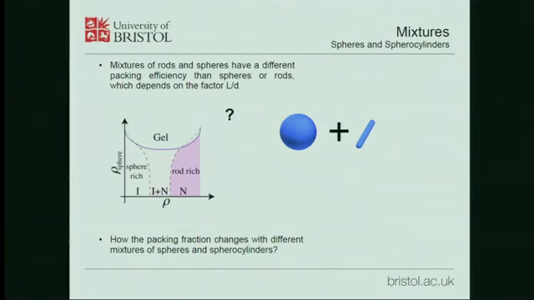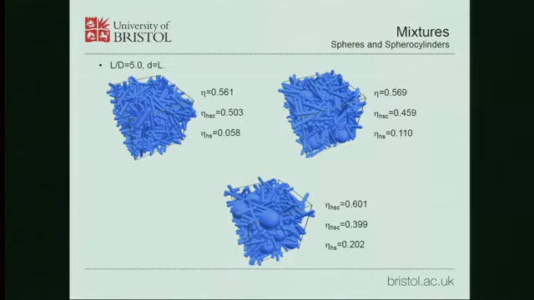So we started doing this with L/D equal to 5, and in our case the diameter of the sphere was equal to the length of the rod of the spherocylinder. We did this for 3 different configurations: 600 particles, 800 particles, and 1,000 particles.